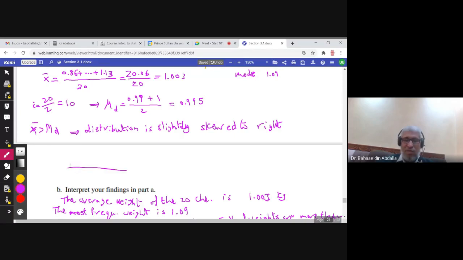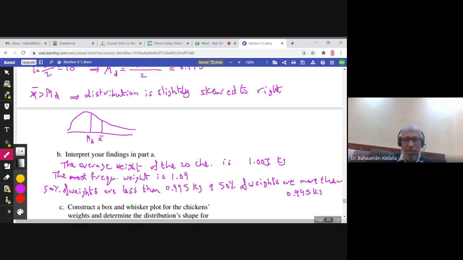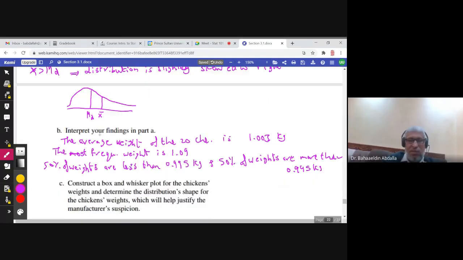If you remember, we said that the graph would be like this, skewed to the right. Here would be the mean, here would be the median, and the mode is here. The median is to the left of X bar. X bar is greater than the median, so it is skewed to the right. Notice that the median goes away from the skewness. In a right skewed distribution, the median goes to the left, whereas X bar goes towards the skewness.